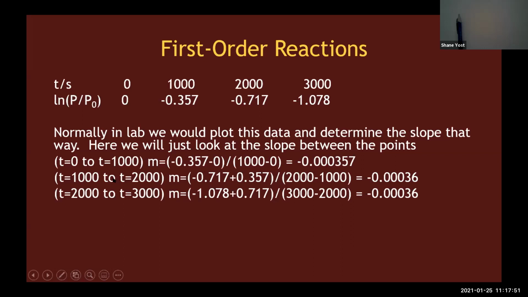Do the same thing from 1,000 to 2,000 seconds, 2,000 to 3,000 seconds, take those differences, find the slope, and you get the same number, basically, to whatever rounding. 0.00036.